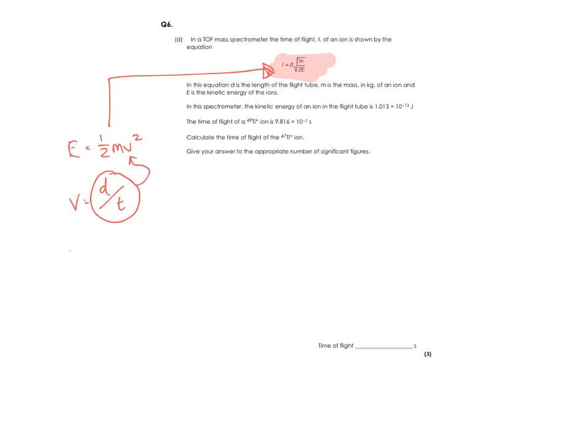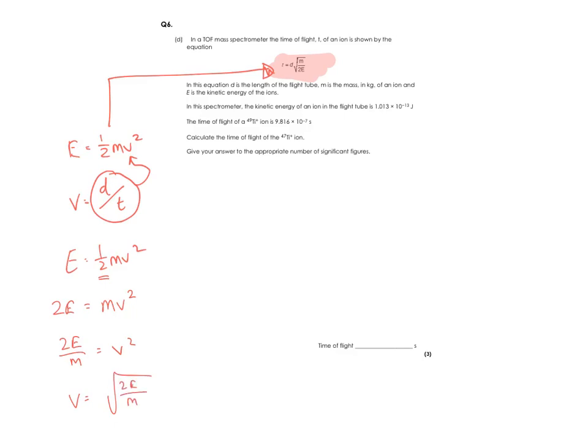Now in terms of rearranging e equals half mv squared, the first thing you do is take the half onto the other side, so you multiply both sides by 2, so 2e equals mv squared. Then you divide by m, so 2e divided by m equals v squared, and then to get v by itself you'd have to square root both sides.